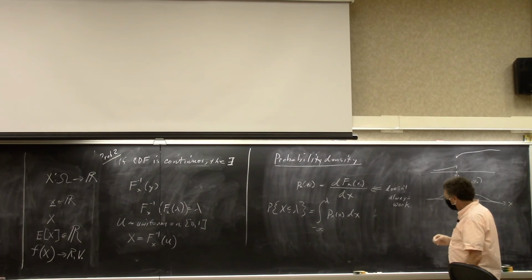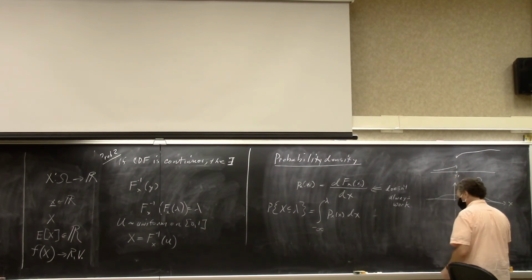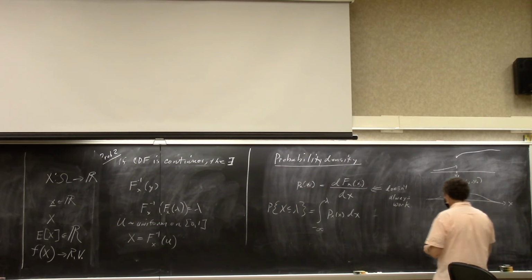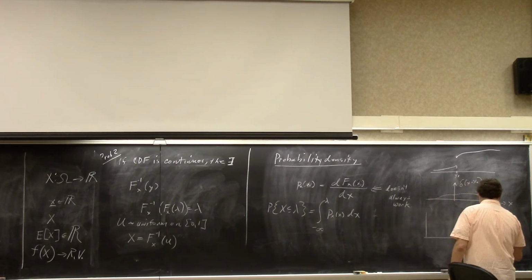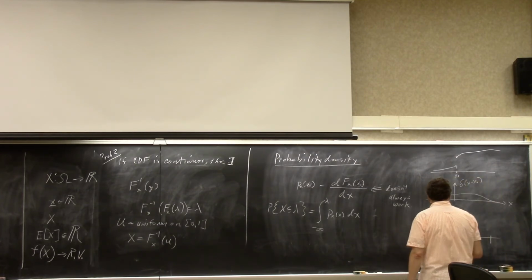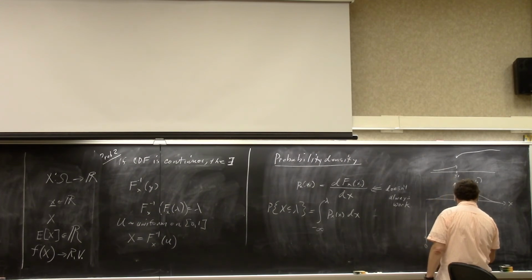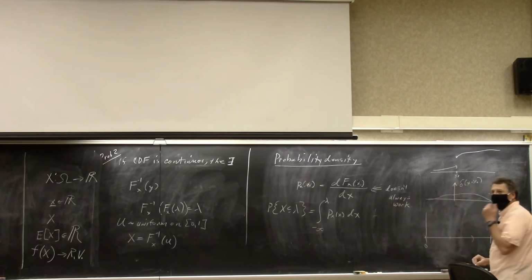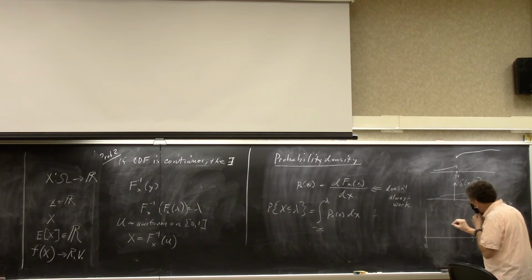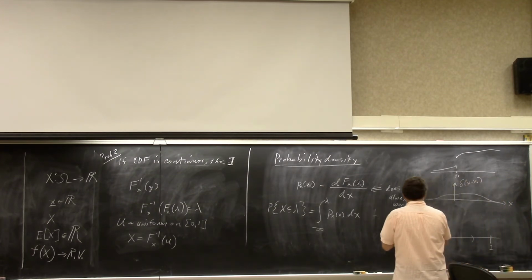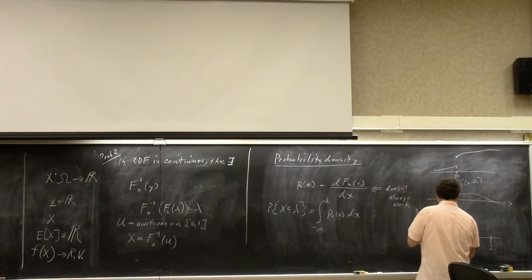The classic example, which I won't spend too much time on here, is the so-called Cantor function. What you do is you take the interval from 0 to 1. At the point 1/2, you put this thing here like that, okay?